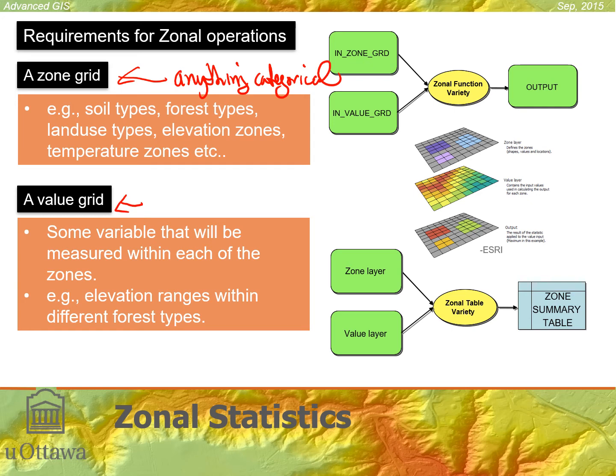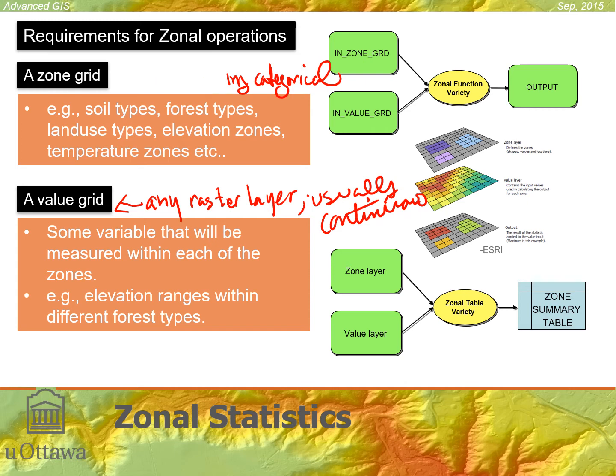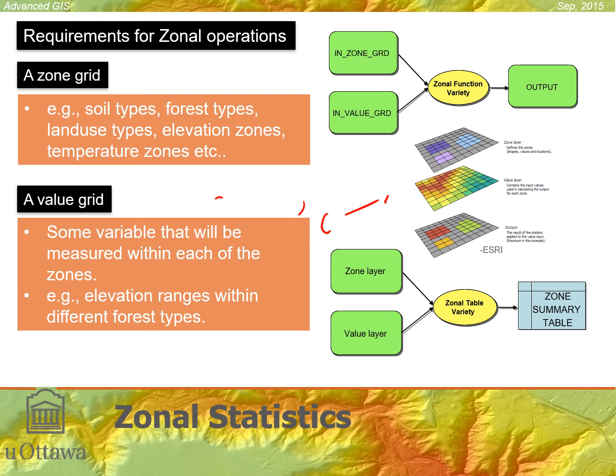The value grid can be any raster layer. Usually, the value grid is continuous. So the zone is any categorical layer, and the value is any raster layer, usually a continuous one.